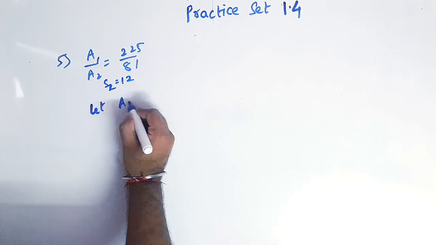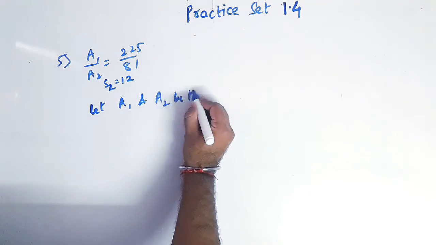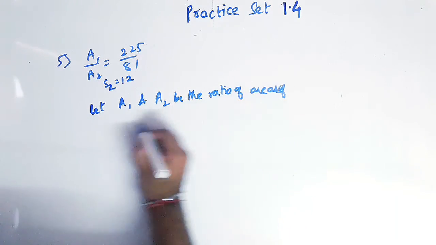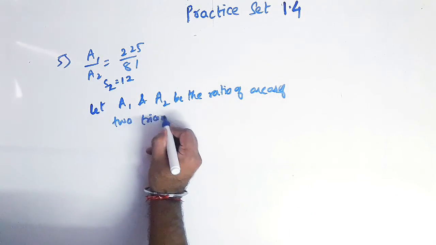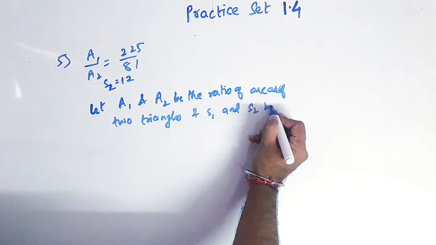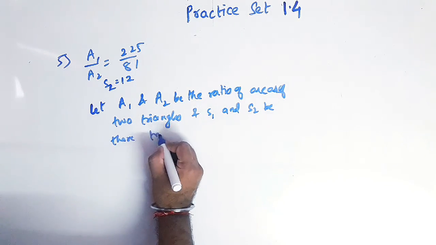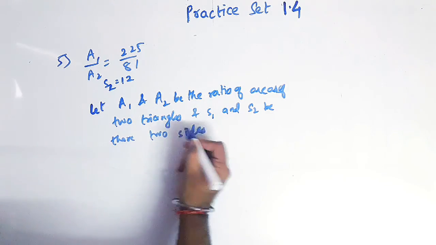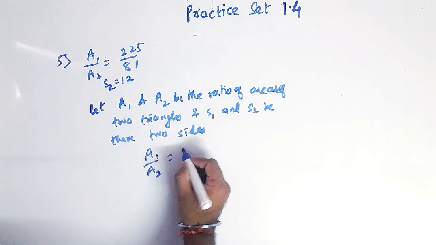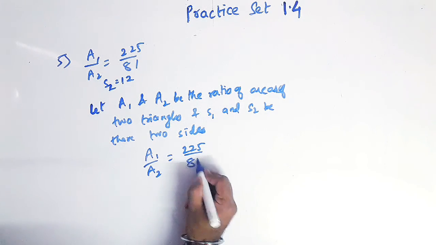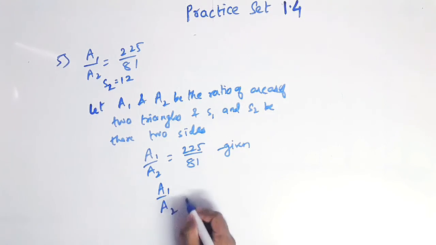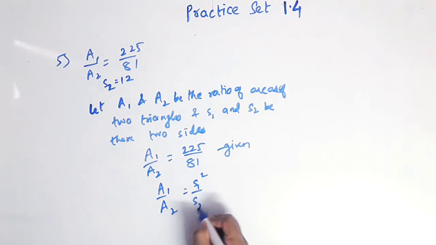Let A1 and A2 be the areas of the two triangles, and S1 and S2 be their two sides. So as I've written first, A1 upon A2 equals 225 upon 81. This is given.